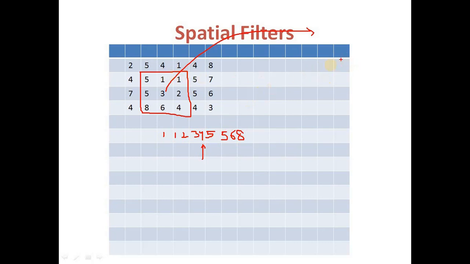So in the resulting image, this is the coordinate point 0, 0. So this is 1, 2, 3, 4. So this position is 3, and this one is 1, 2, 3.